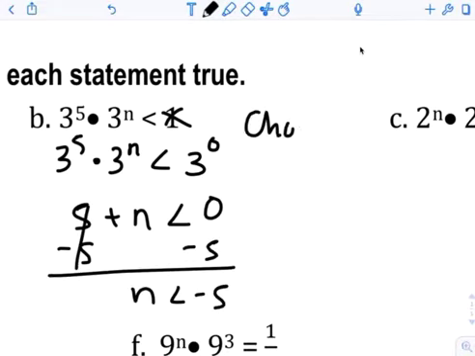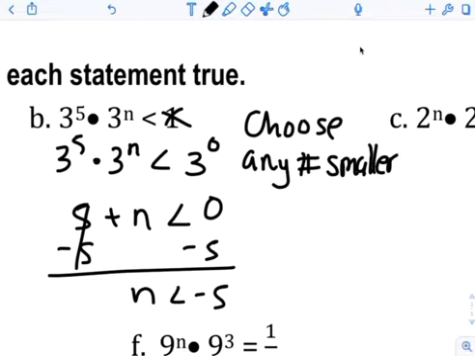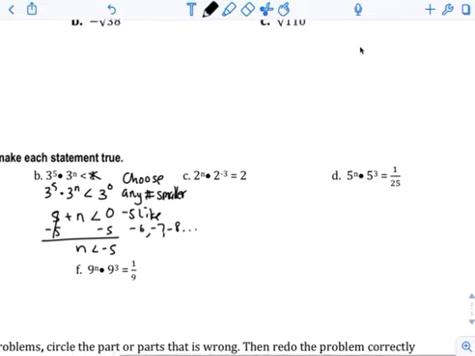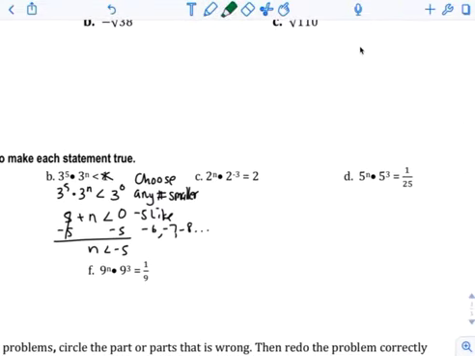Choose any number smaller than negative 5, like negative 6, negative 7, negative 8, dot, dot, dot. Okay? Make sure anytime you have a less than sign there, you explain.